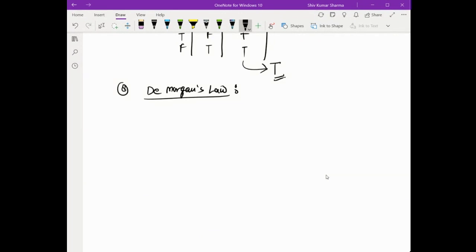So De Morgan's law. For De Morgan's law, we have statements P and Q. Negation of (P and Q) is always equivalent to negation P or negation Q. And negation of (P or Q) is always equivalent to negation P and negation of Q. So this is De Morgan's law, law number 8.